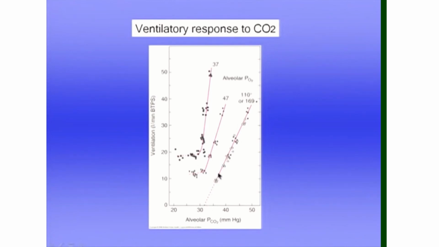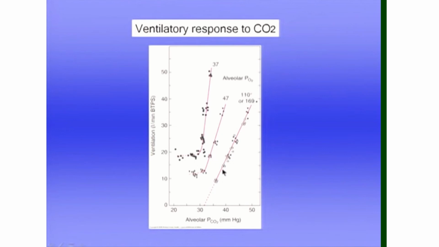And you can also see that the slope of the line depends on the alveolar PO2. For example, if we drop the alveolar PO2 to around about 37 millimeters of mercury, there's a very steep increase in the rate of ventilation with a change in PCO2, much more so than when the PO2 is the normal value of 100 or even increased to 169 here.